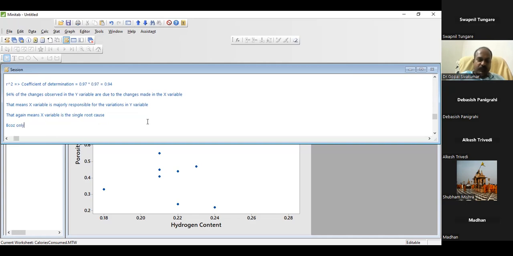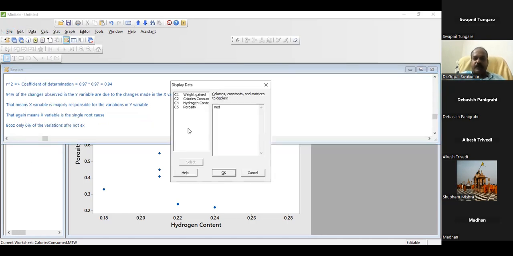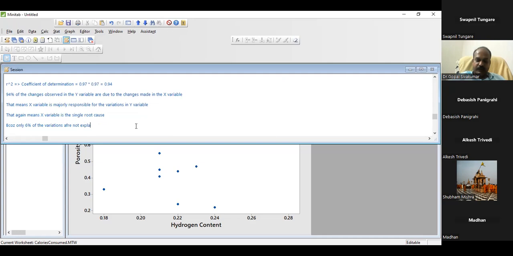Because only 6% of the variations are not explained by the variations of the X variable, or otherwise you can say, you have assumed a mathematical model.